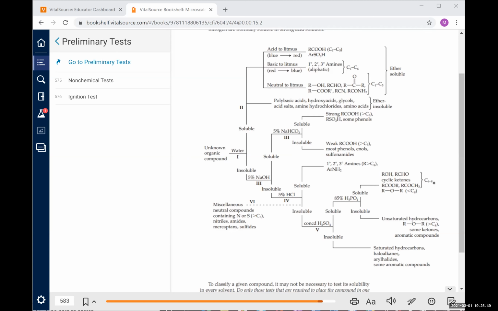The one differentiating factor, if you compare an amine versus an amide, is that if you try to dissolve an amide in 5% hydrochloric acid, the amide would be insoluble while the amine would be soluble.